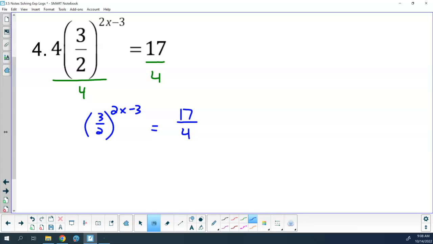And I've isolated my exponential term, so now I can shift it into logarithmic. So this would be log base 3/2 of 17/4 equals 2x minus 3.